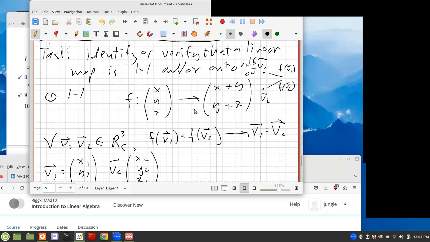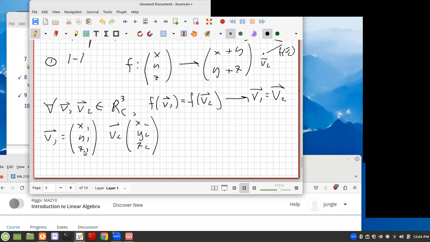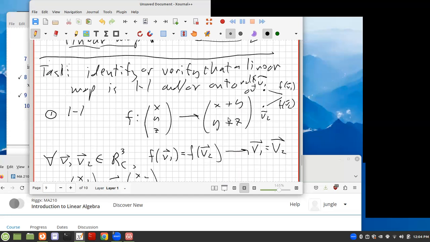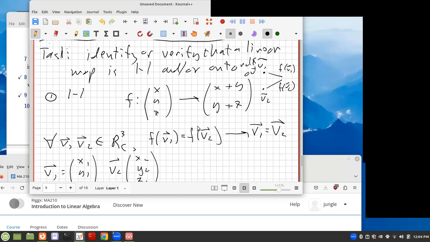I can choose x1, y1, z1 differently than x2, y2, z2, and the images then will not be one-to-one. You can see this right away. Because this is a sum here, I could choose this to be 1 and 1, so this is 2. But I could also choose z and y to be anything, and then choose x and y.